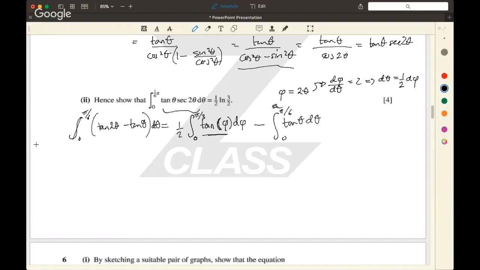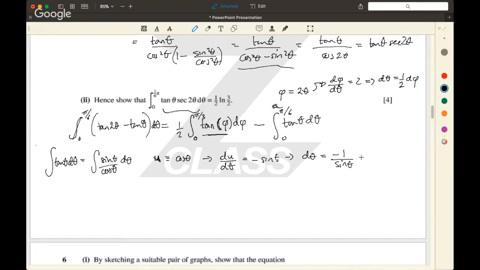So I'm going to use the fact that the integral of tan of theta d theta is the integral of sine theta over cosine theta d theta, and then I'm going to define an integration variable u, which is defined as cosine theta. This means that du d theta is minus sine of theta, so that d theta is equal to minus 1 on sine of theta du.